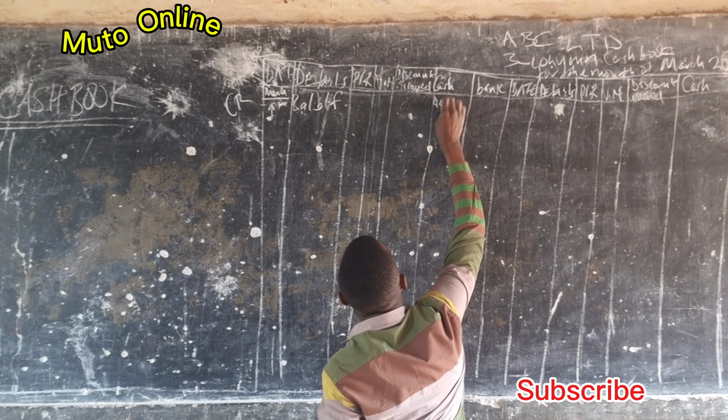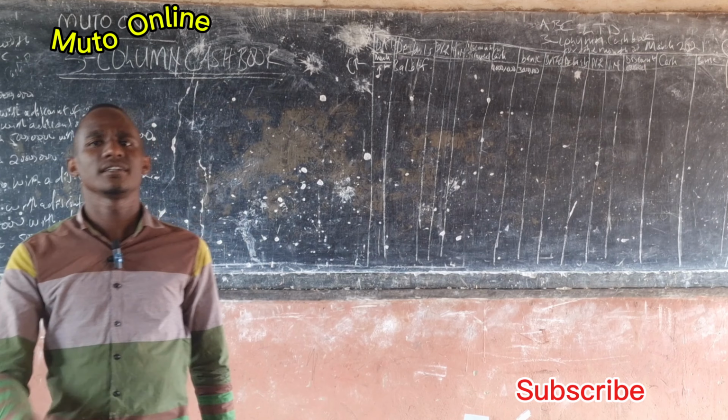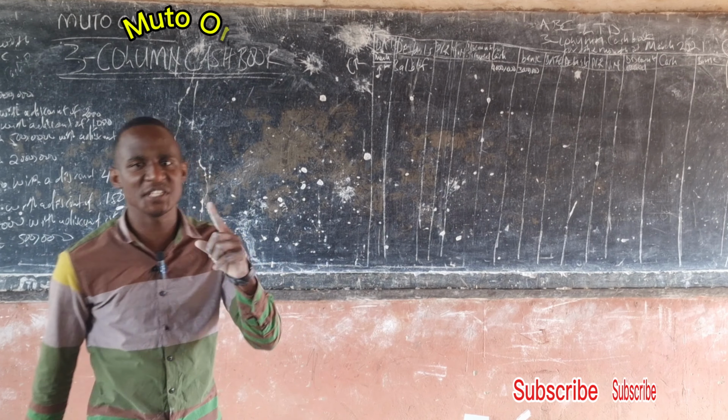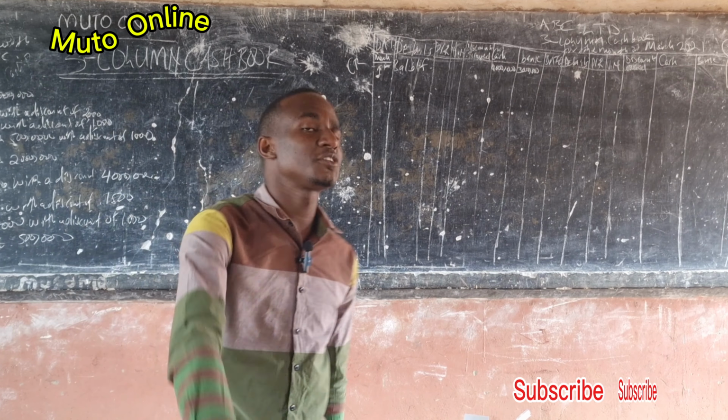Second, when cash is withdrawn for business use. Third, when a check is deposited on a date subsequent to its receipt, it is also a contra entry.